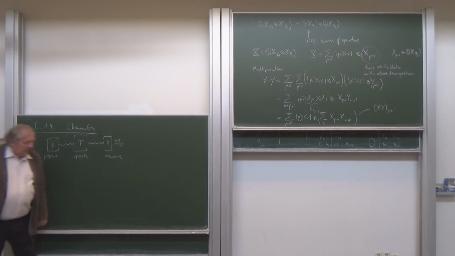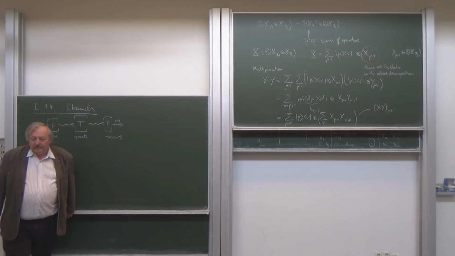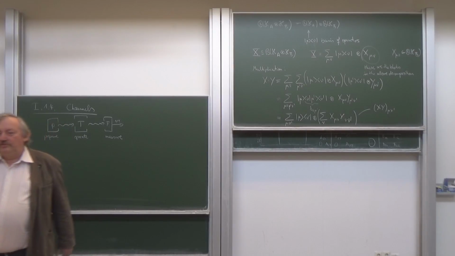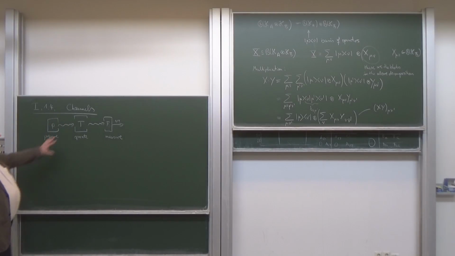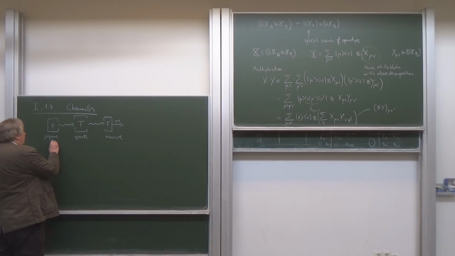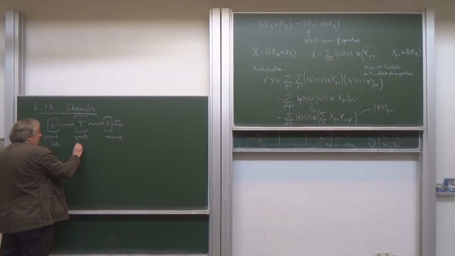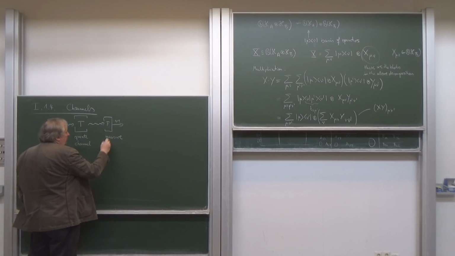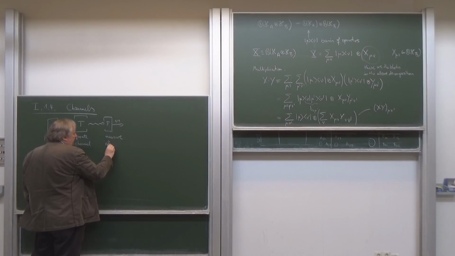So if we're talking about information processing, clearly the operations, what we do with the system will be described in terms of some transformation here. So mathematically this is given by a state or by a density operator. The term here is a channel, and the term here is, I don't know, an effect or observable.